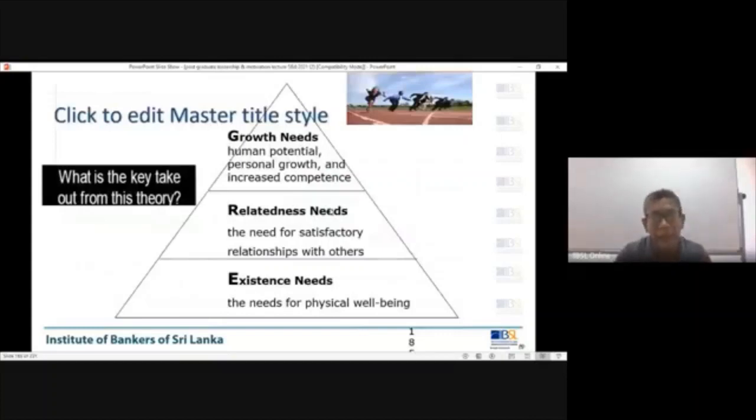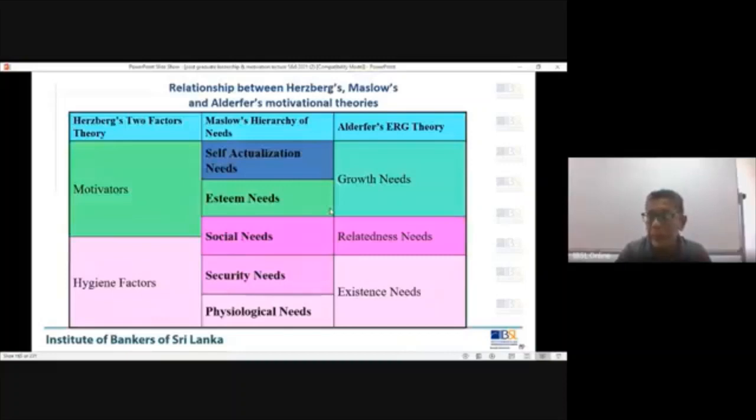Now how to compare these three theories? If you look at the relationship between Herzberg's, Maslow's, and Alderfer's motivational theories, all of these are content theories.